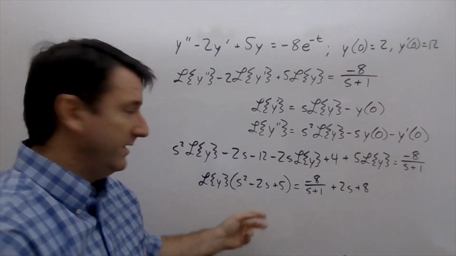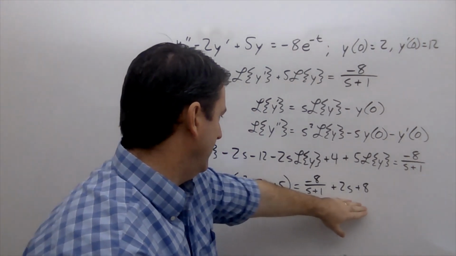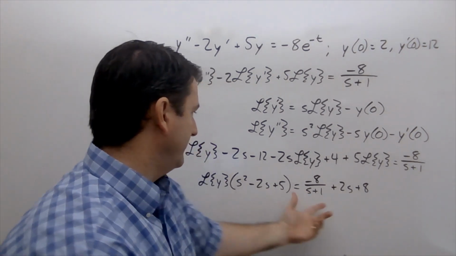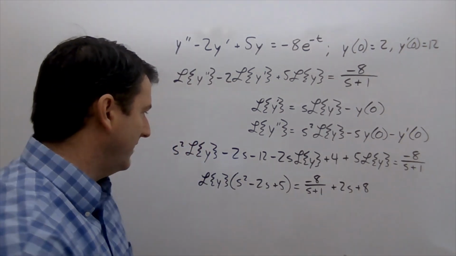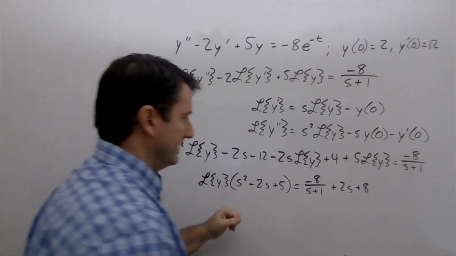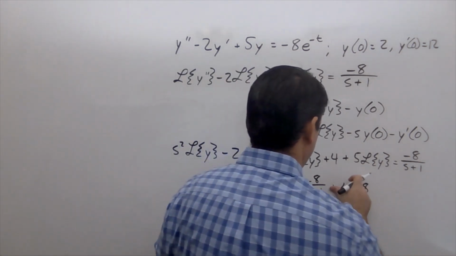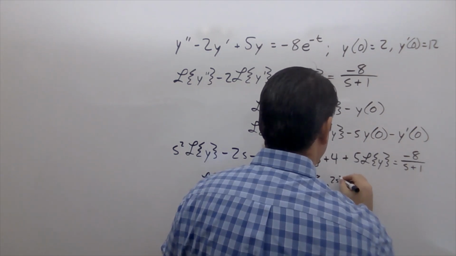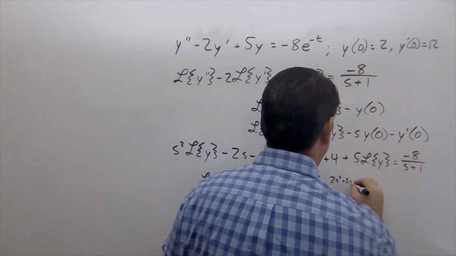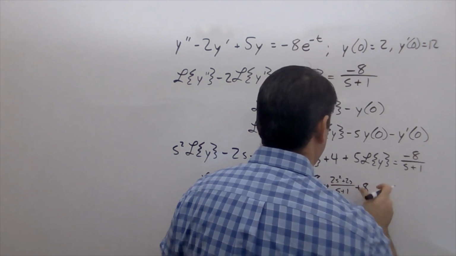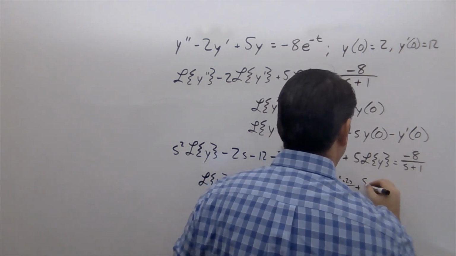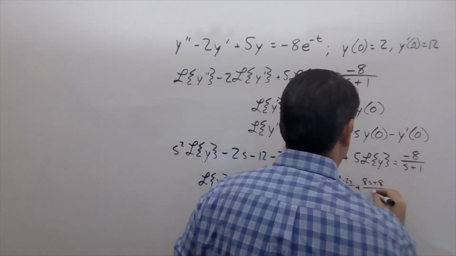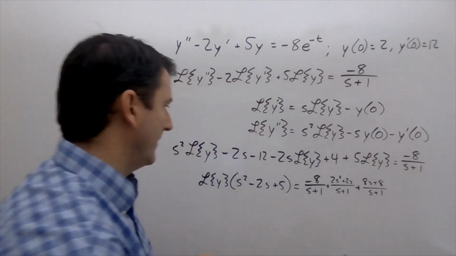All right, we're almost done. We just need to then get a common denominator here, combine this, and then divide it by all of this. So let's see, this 2s will become 2s squared plus 2s over s plus 1. And then this will be 8s plus 8 over s plus 1.